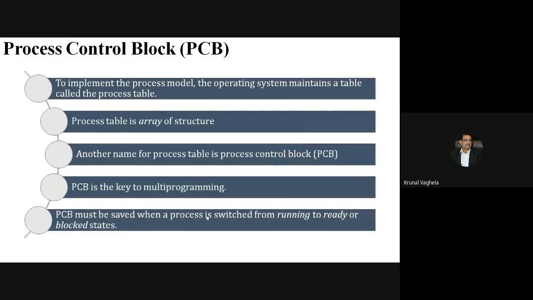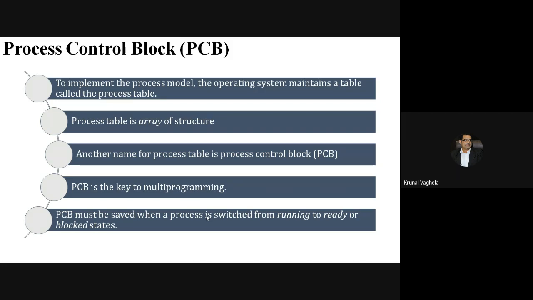Now the next topic which is new is process control block, PCB. Now what is this PCB and what are the fields? Let's understand now. To implement the process model, the operating system maintains a table called the process table. Now here we have seen examples of 2 processes. But consider there are 20, 30, 40, 50 processes running in parallel.